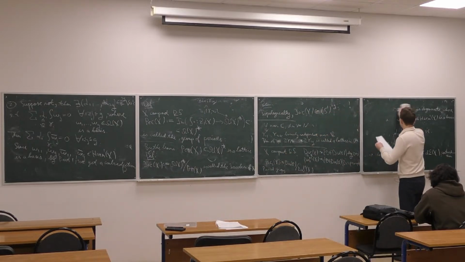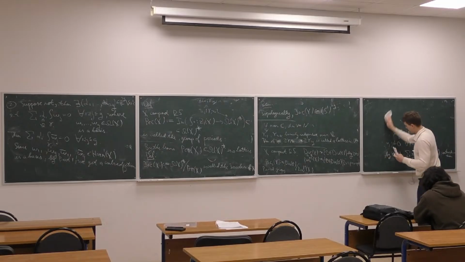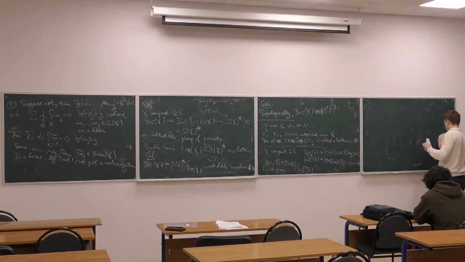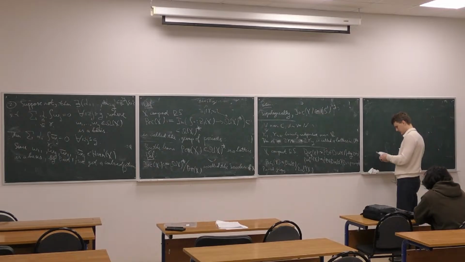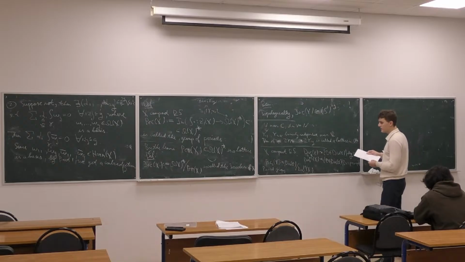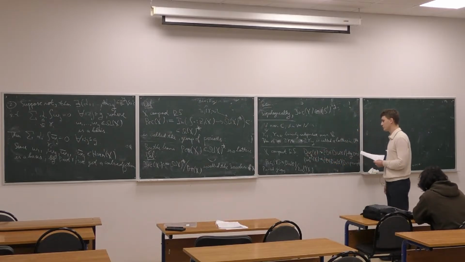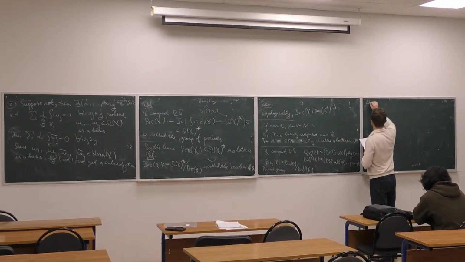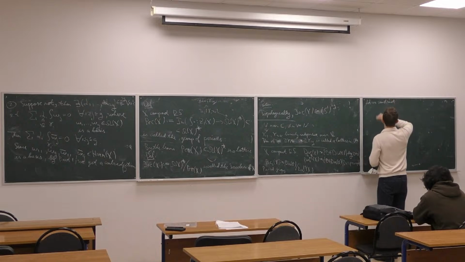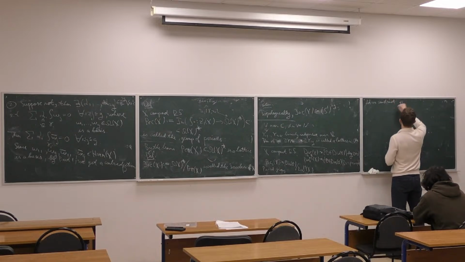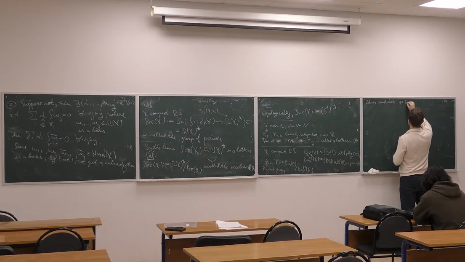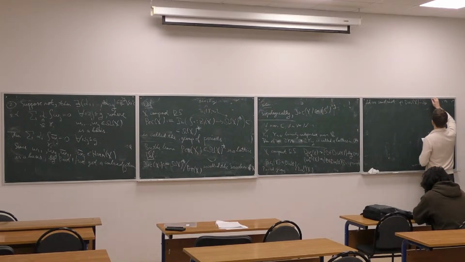Then what we have? Then we have a map. We can construct a map from Div_0 to the Jacobian. So let us construct a map phi from Div_0 to the Jacobian.